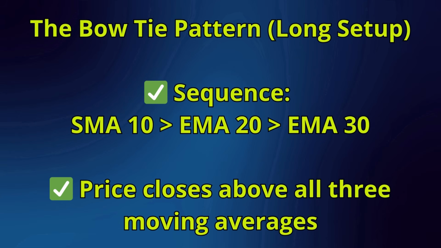Now, let's define the precise rules for identifying the bow tie pattern for a long setup. There are two conditions that must be met. First, the moving averages must align in a specific bullish sequence. The SMA 10 must be greater than the EMA 20, which in turn must be greater than the EMA 30.